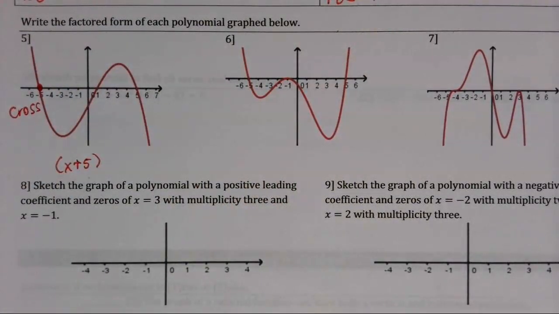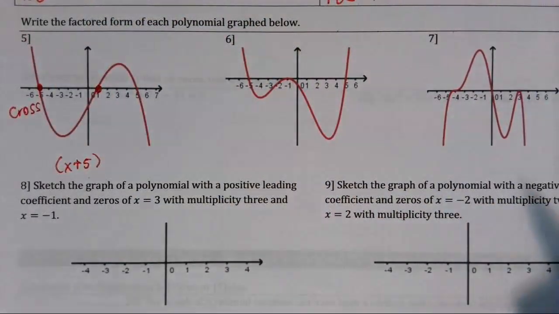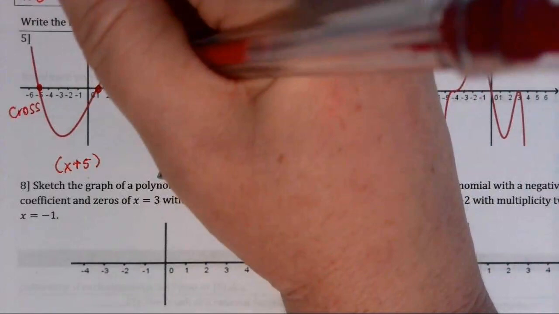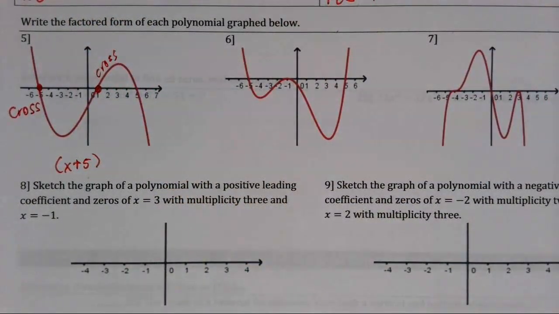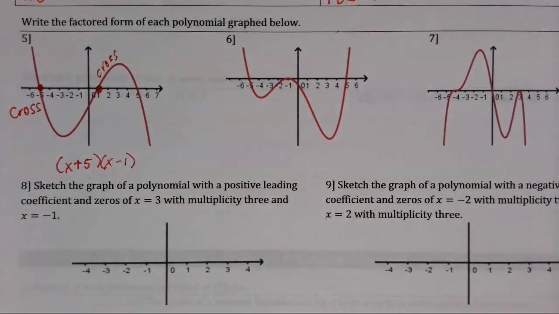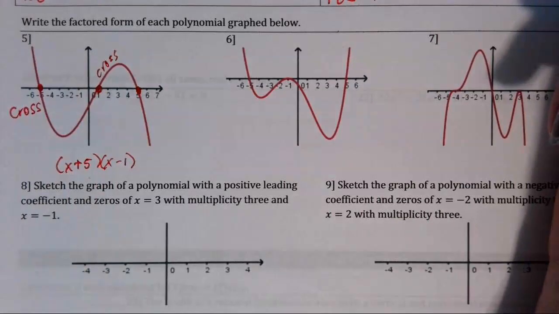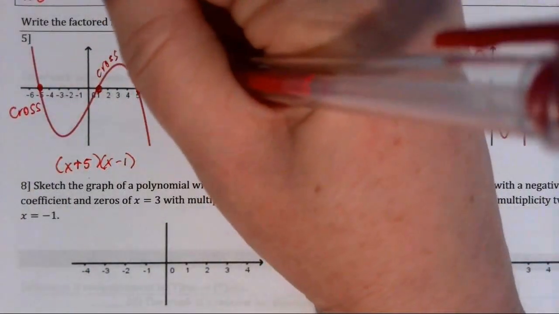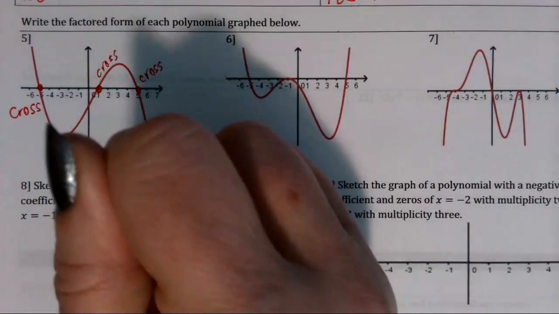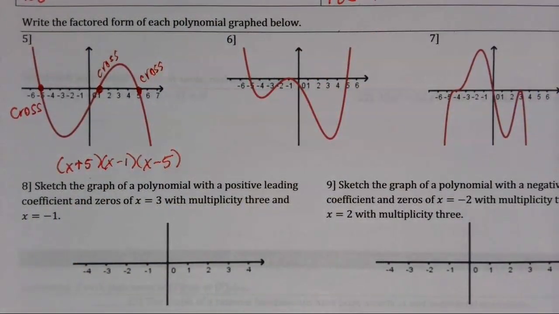Okay, then at +1, we have an x-intercept, and that is also a cross. So that's a linear factor of x minus 1. Then we have another real zero here at +5, which is another cross. And so x minus 5 is a factor.